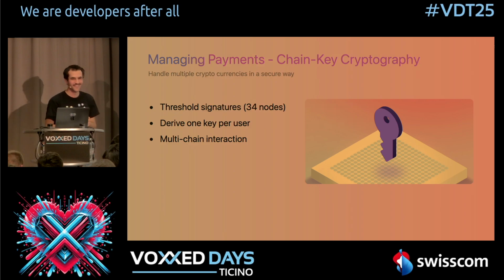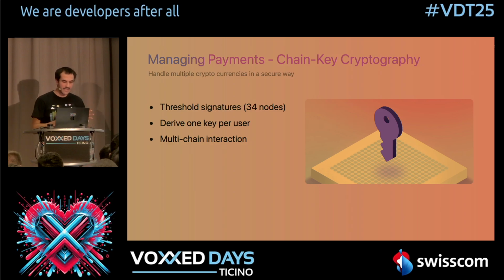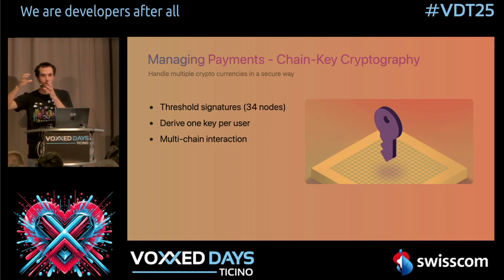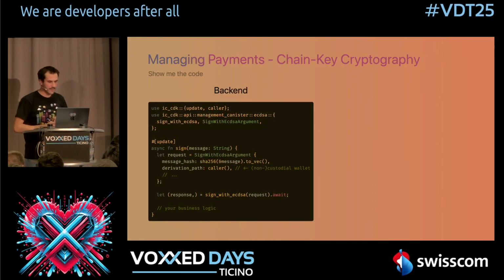I know it's a bit hard to understand, but we're gonna see it in the code. So basically, we are gonna derive a key in a threshold signature scheme different for each user.